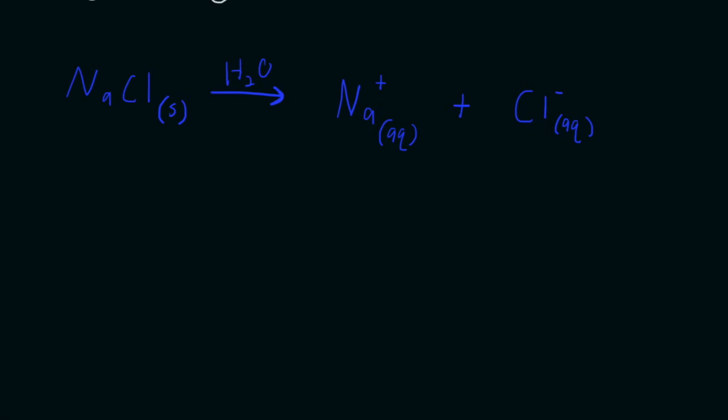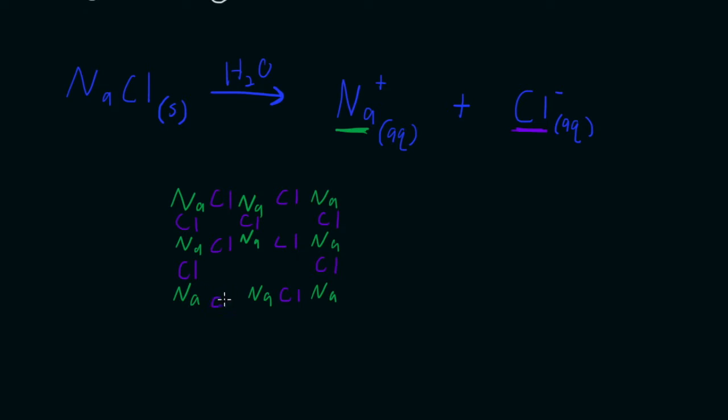So how does that happen? Well, let's use some colors here to help us. Let's put sodium in green. Let's put chlorine in purple. And let's draw out a sodium chloride crystal lattice. And then let's remember that when we're dealing with a water molecule, it has this polarity across it.